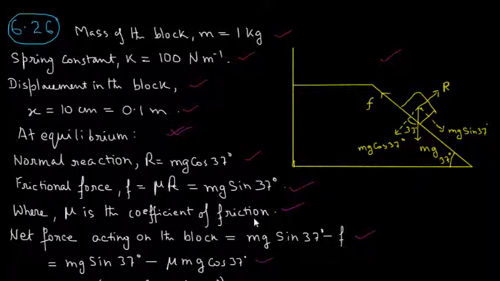Net force acting on the block is equal to mg sine 37 degree minus f. Putting the value of f, we get mg sine 37 degree minus mu mg cos 37 degree.